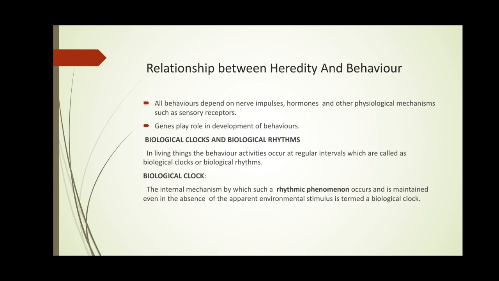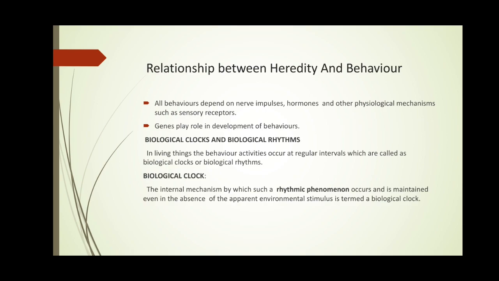And a very important point here is the role played by genes. Genes which are present in your DNA also determine the specific developmental processes and behaviors of the organisms. For example, genes play a role in the development of behaviors because they direct the development of the nervous system.